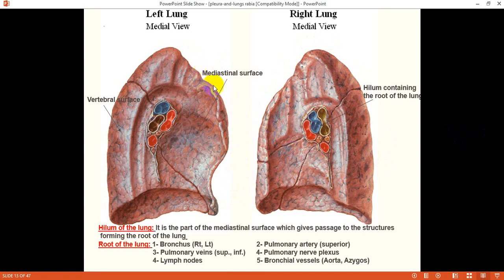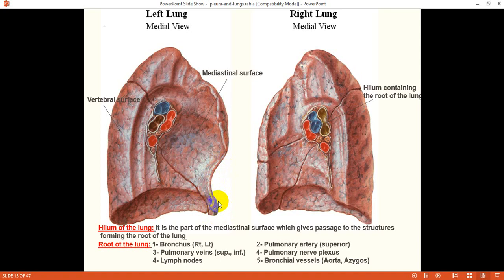And on the left side, we can observe here that the anterior border is indented, and this is known as the cardiac notch. Due to this indentation, the lower edge of the anterior border is protruding like a tongue-like process, and this process is known as lingula.